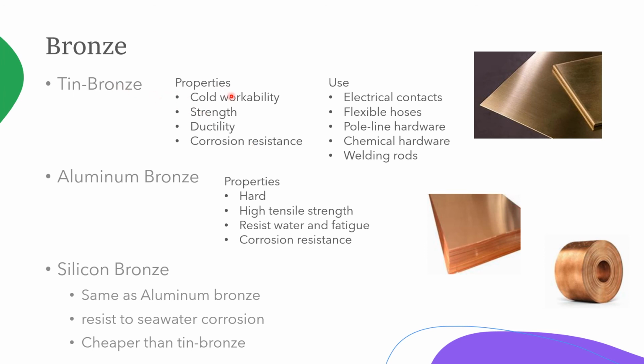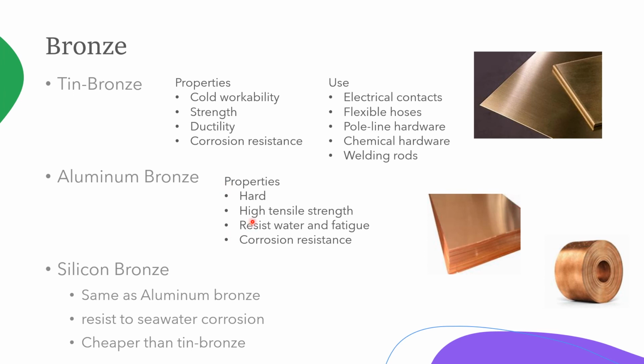When you look at the tin bronze, the qualities are their cold workability, their strength, ductility, corrosion resistance, okay? And we use them because of these properties: electrical contacts, flexible hoses, pole line hardware, chemical hardware, and welding rods.